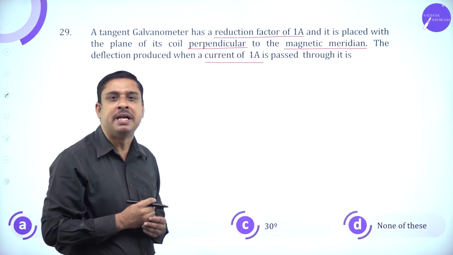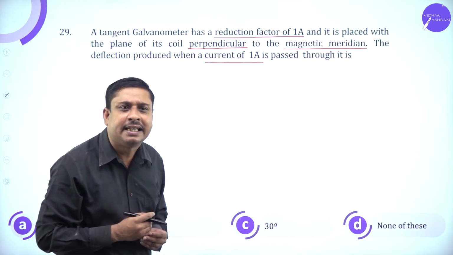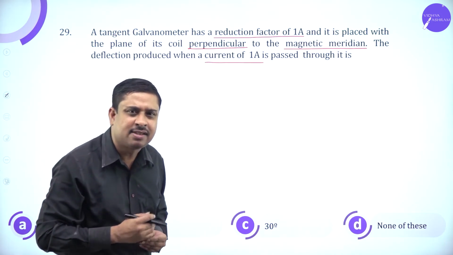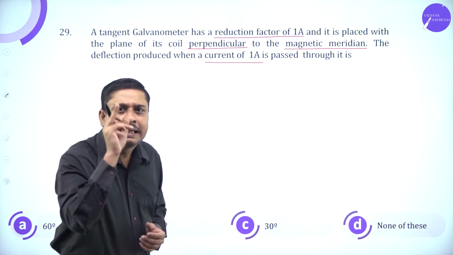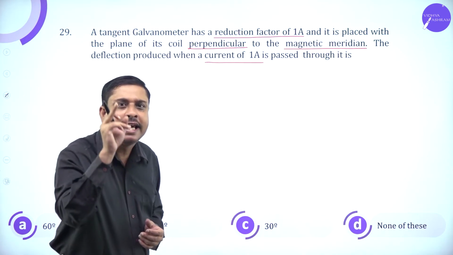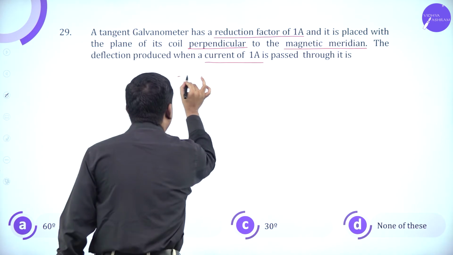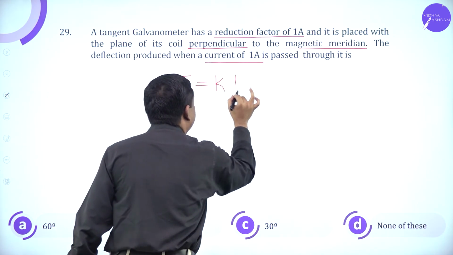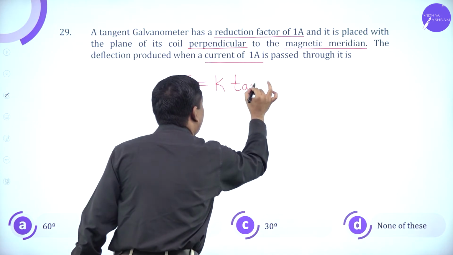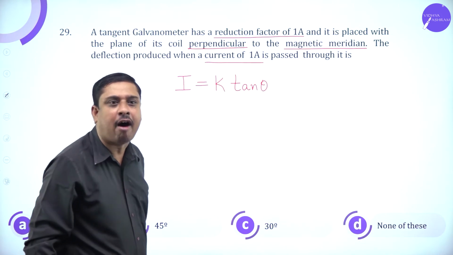Tangent galvanometer concept. Most of you wouldn't have studied this from the new syllabus, but it is an interesting concept. The current flowing through the tangent galvanometer is given by the expression I equals K tan theta.